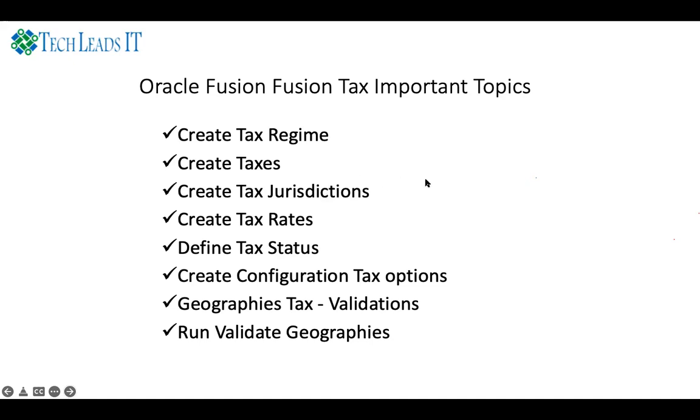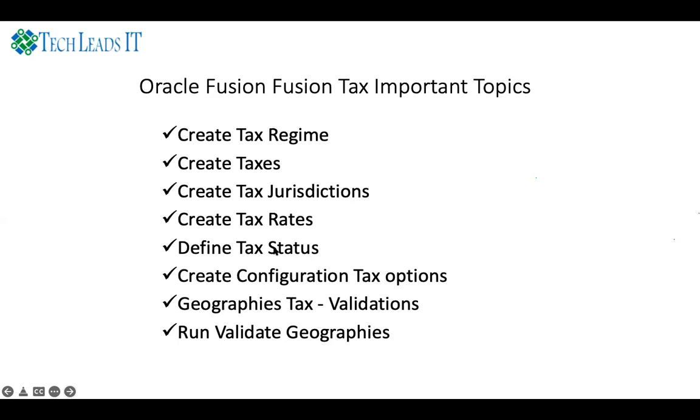If I am in a normal metro city, my tax will be different. So we are going to cover what a regime is, what the taxes are, what the jurisdictions are, which is nothing but the geography, and rates. Some organizations use 10%, and some organizations which are manufacturing go by quantity produced. So we will be discussing this in detail.